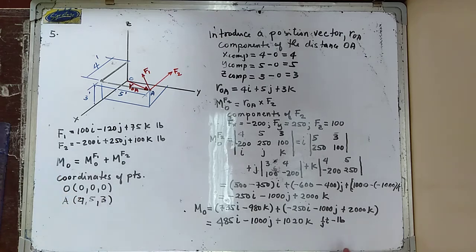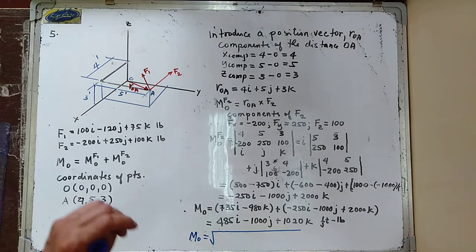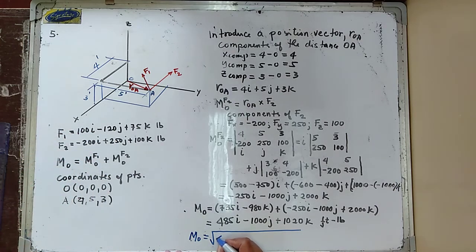So this is foot-pounds. If you try to determine the scalar value of this moment about point O, the scalar magnitude is equal to the square root of 485 squared plus 1,000 squared plus 1020 squared.